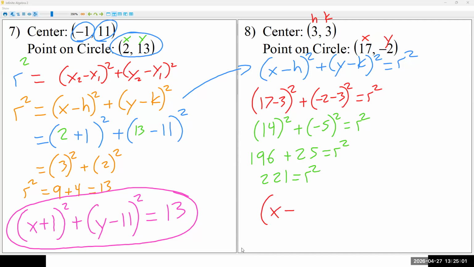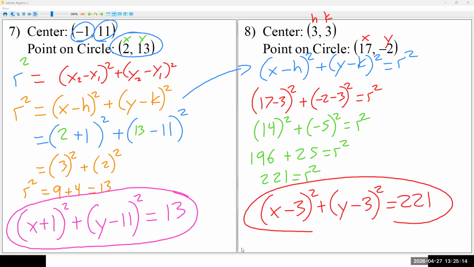That's x minus 3 squared plus y minus 3 equals 221. Yeah. So that should take you all the way up through problem number 12, which I think finishes off the page.